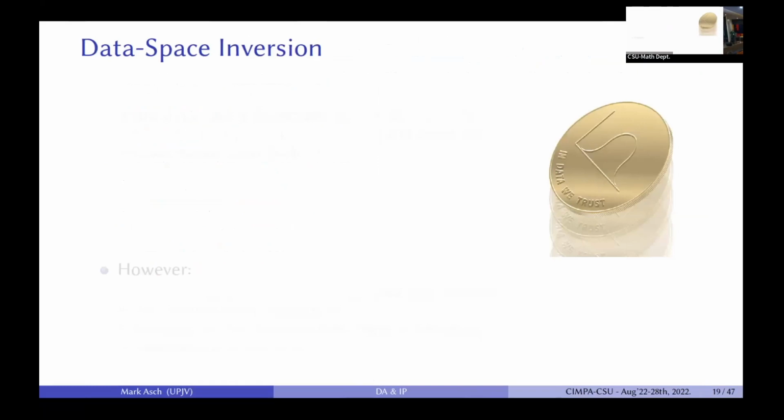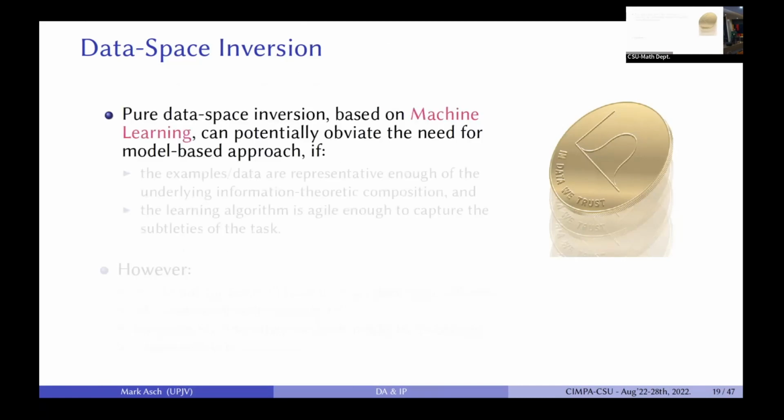Okay, so the question is, how can we use data? This is the introduction to machine learning, to somehow make our life a bit easier. Is machine learning a solution? What I was doing now was model space inversion, or parameter space inversion. What about working in what's called the data space, based on machine learning?